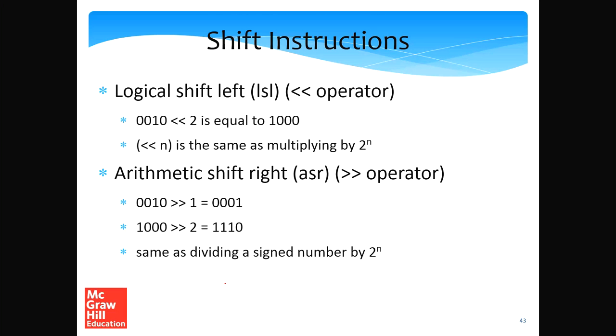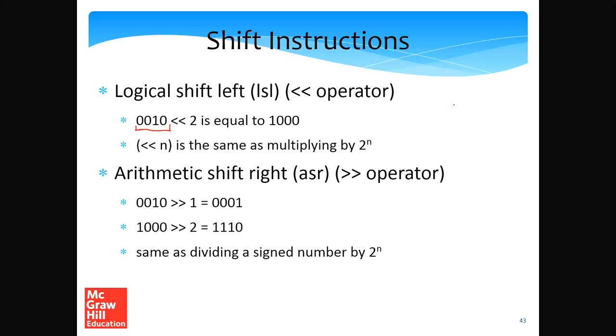So let's move ahead and introduce some more instructions that are required. Let's discuss the shift operations. First, let's discuss the left shift operation. Consider the number 0010. If we left shift it by 2, every bit moves 2 positions to the left.